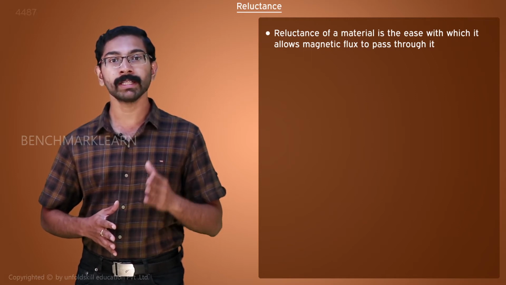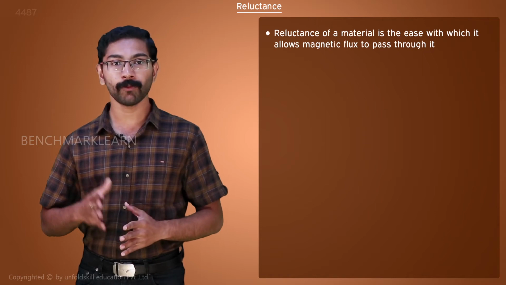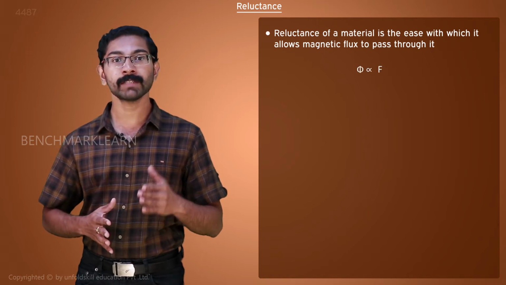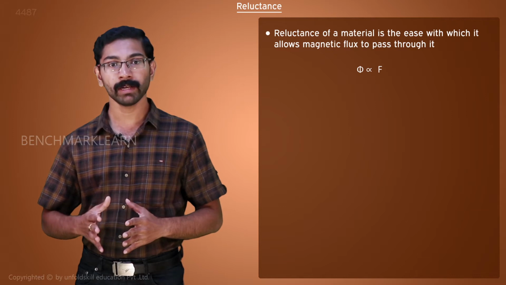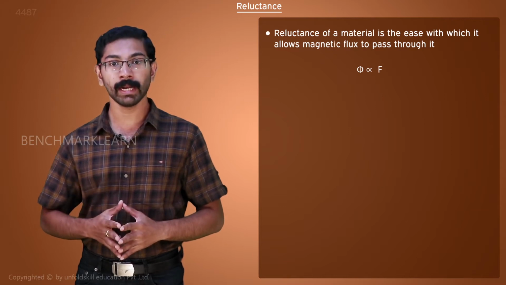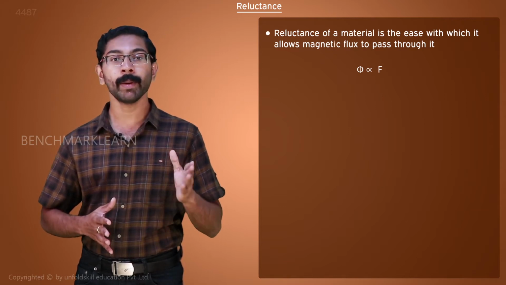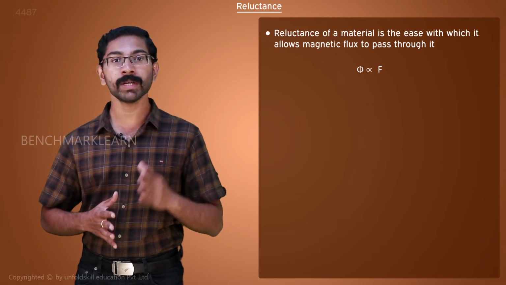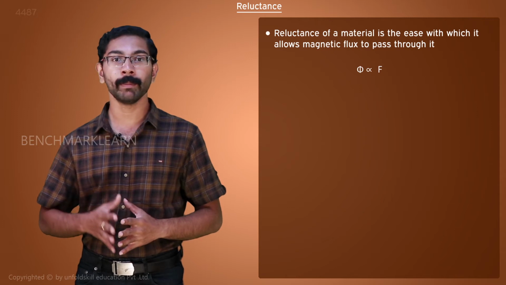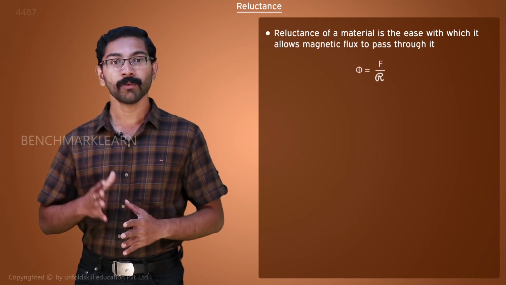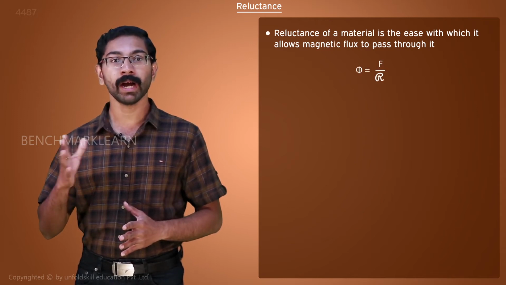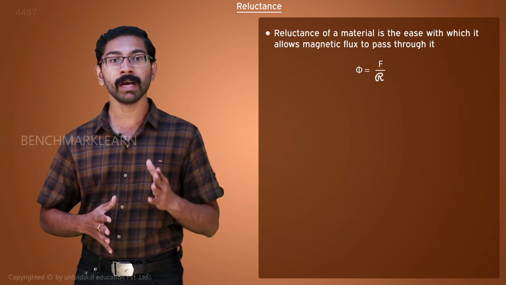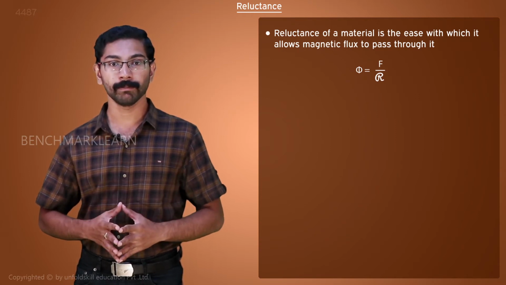We can now write the relation between MMF and flux as phi is proportional to F, where phi is the flux through the material and F is the MMF acting on it. Since reluctance determines how much flux is created due to MMF, we can write phi is equal to F by R, where R is the reluctance of the material.